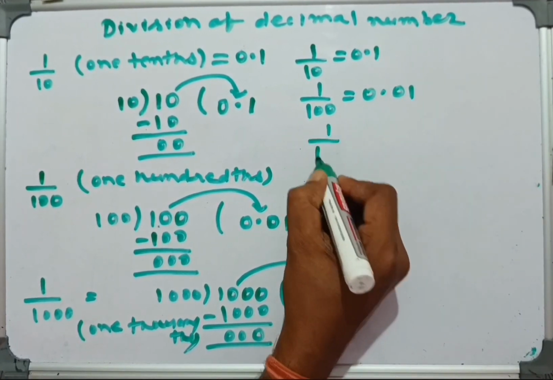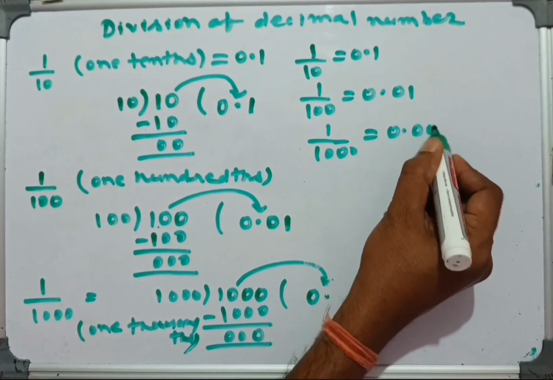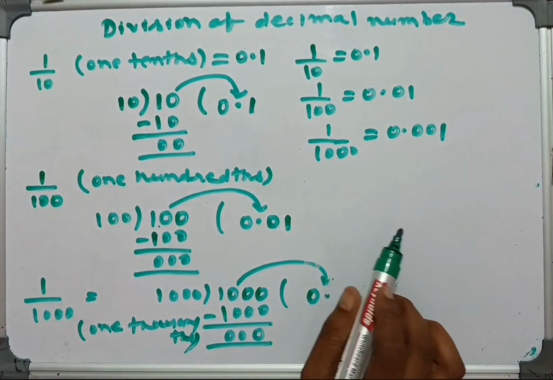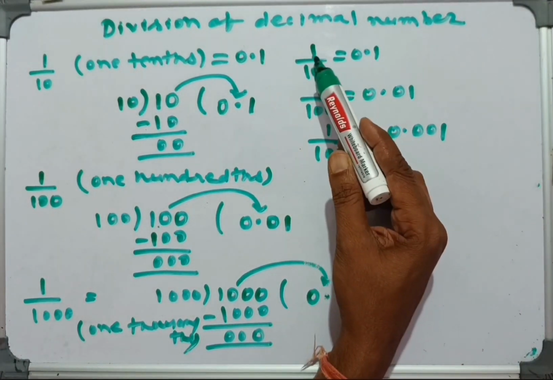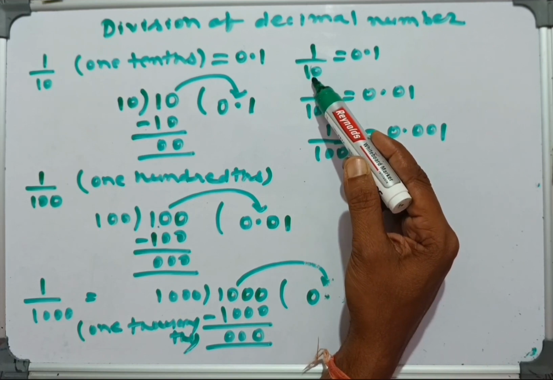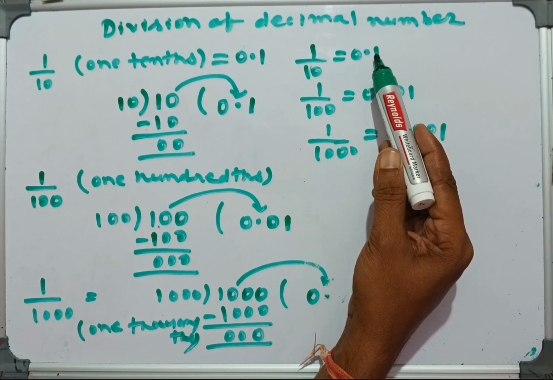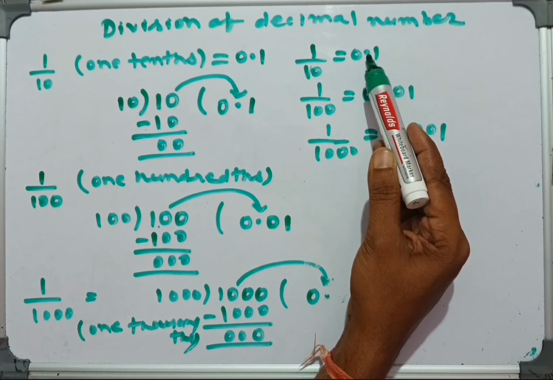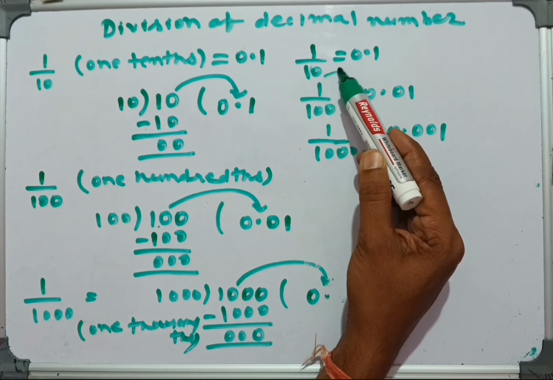Okay guys, now in such a way, see, 1 by 10 equals 0.1, 1 by 100 equals 0.01, 1 by 1000 equals 0.001. What you see here is that if the number is 1 and 10 is in the denominator, then you just put a dot before 1, because there is only 1 zero here.